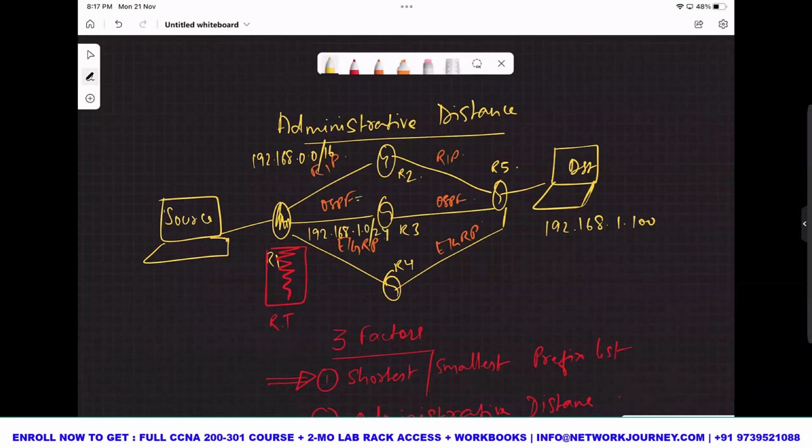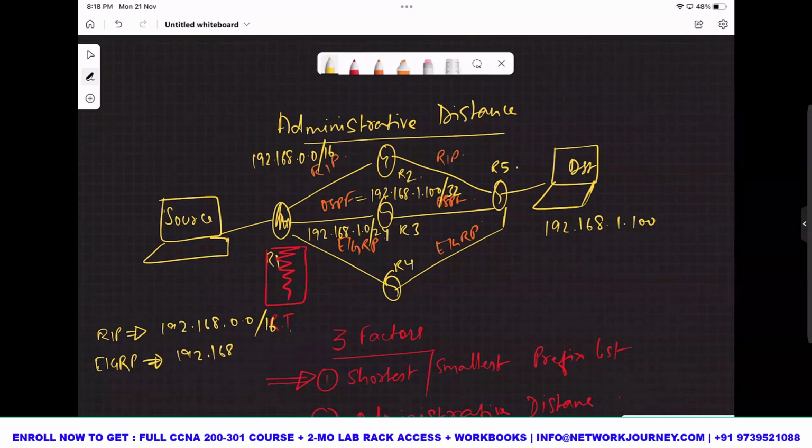And in the case of OSPF, it is 192.168.1.100/32. So on the RIP protocol, you have advertised a very broad network. In EIGRP, you have advertised it as a class C. And in the OSPF protocol, you have been very particular about the IP itself.